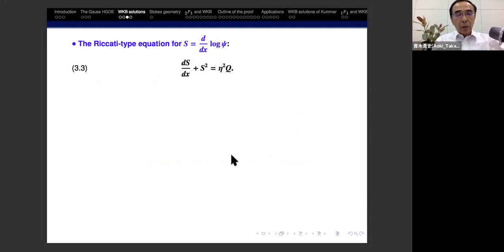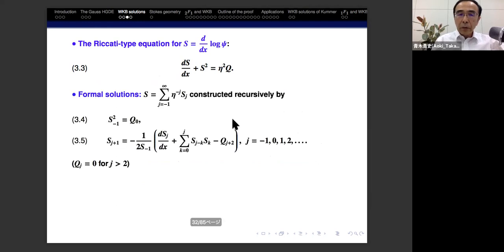As Takei told yesterday, S can be written in this form, and each coefficient Sj is determined by this recursive relation. The leading term satisfies this quadratic equation.